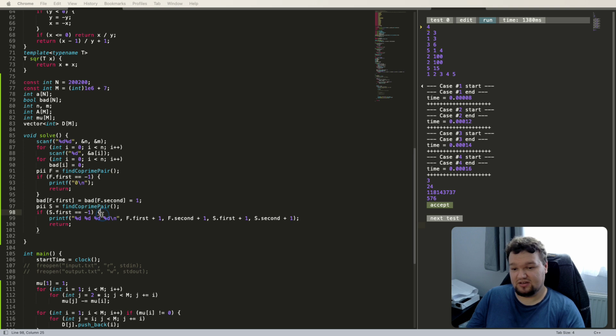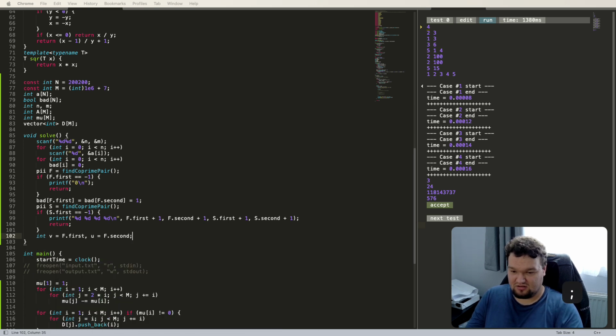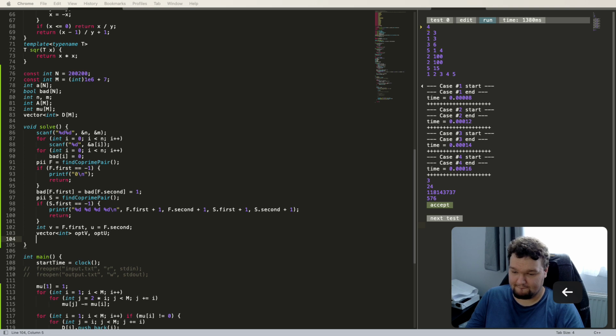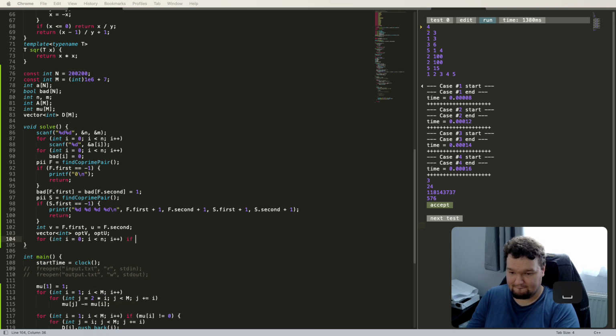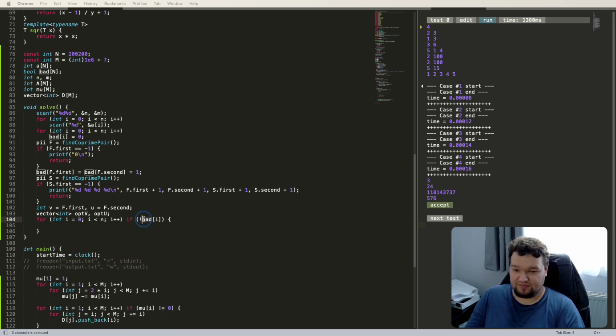If I didn't, then the only way there is a solution is if one pair will use V and the other pair will use U. If not bad, it means that it's not V and U because I cannot reuse elements.